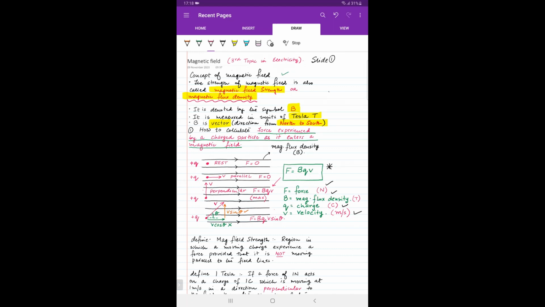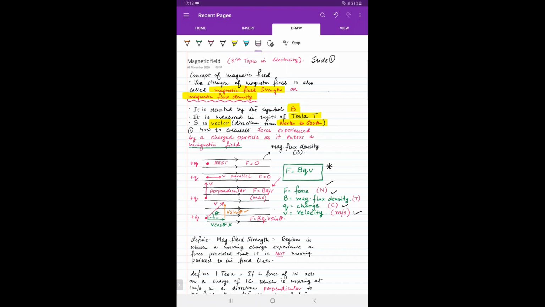For last वाले case में, if the charged particle moves at an angle, जिस तरह रोहिल ने suggest किया था, components की working करनी पड़ेगी. So the vertical component shown with the orange marker, which is v sine theta, will be used. So the magnetic force in this case turns out to be F is equal to B times Q times V sine theta. All right. Further आगे देखते हैं.